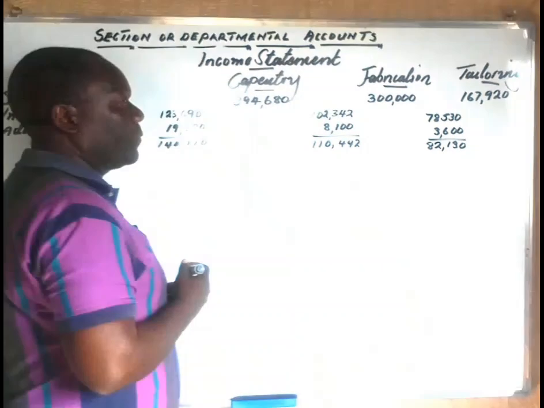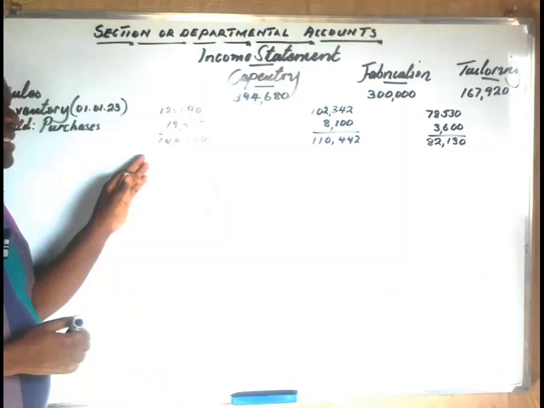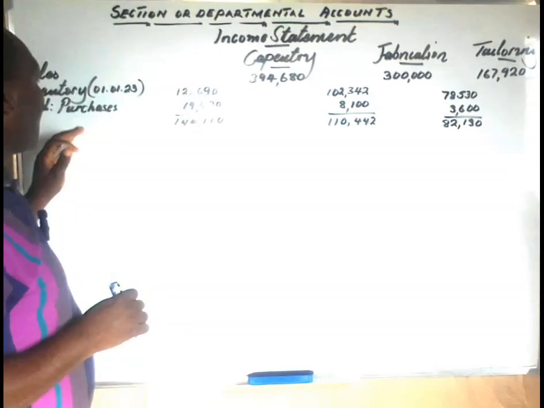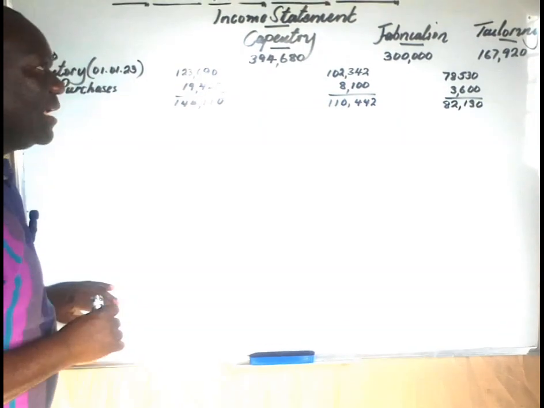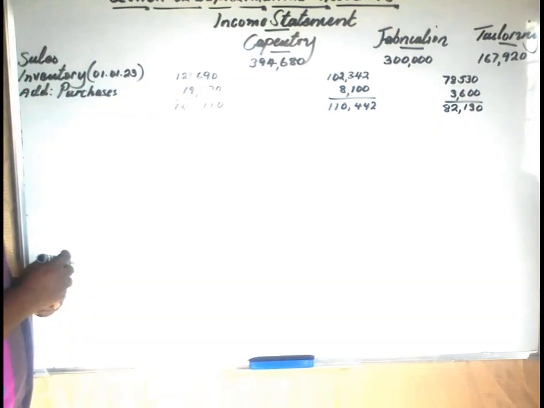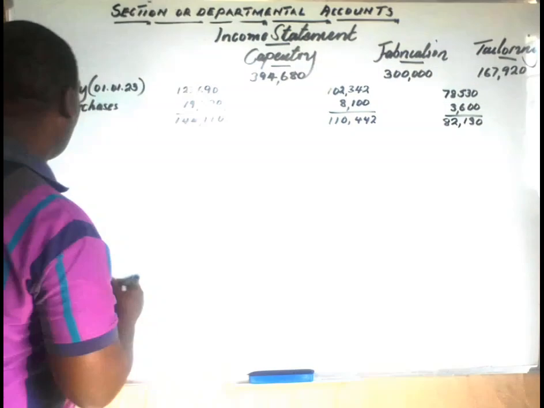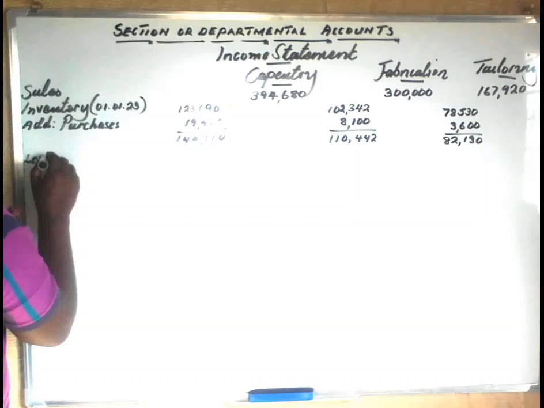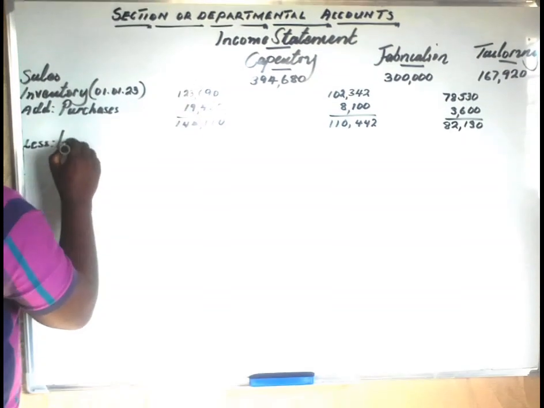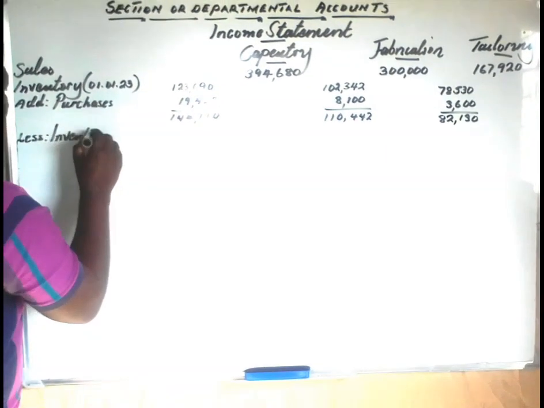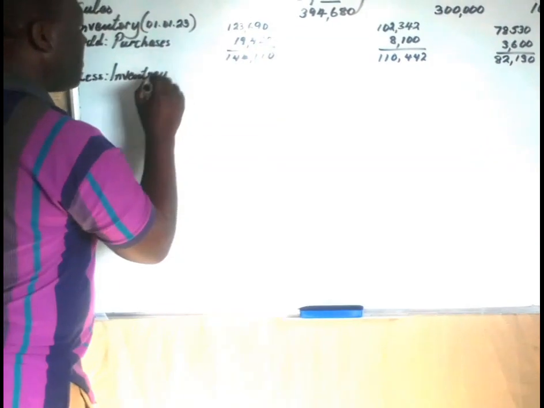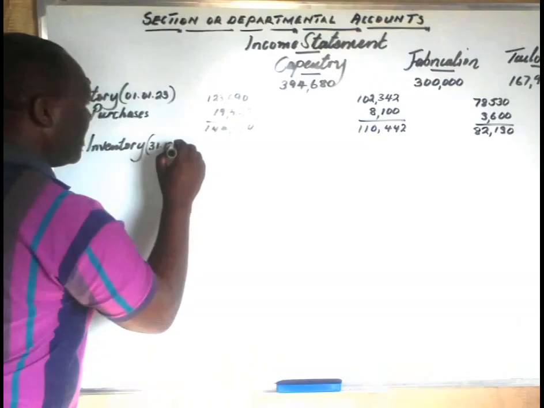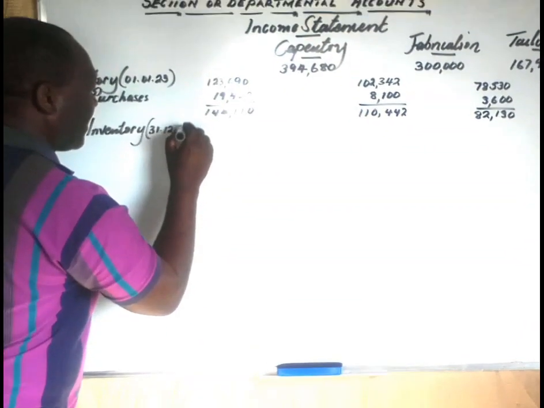Okay? Then to this, don't forget that there's closing inventory. The inventory which was down here, which was written 31st December 2023. So we have to less that one, we have to subtract. So here we write less inventory, in the bracket 31st December 2023.